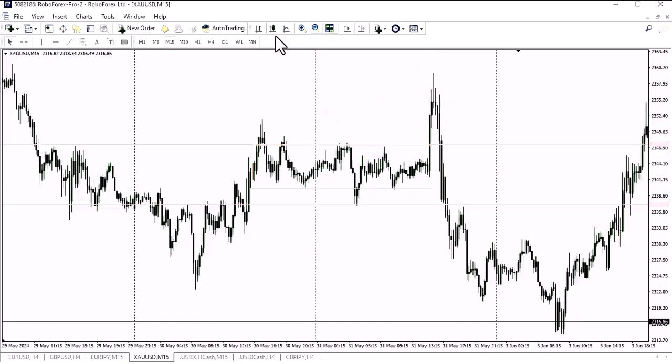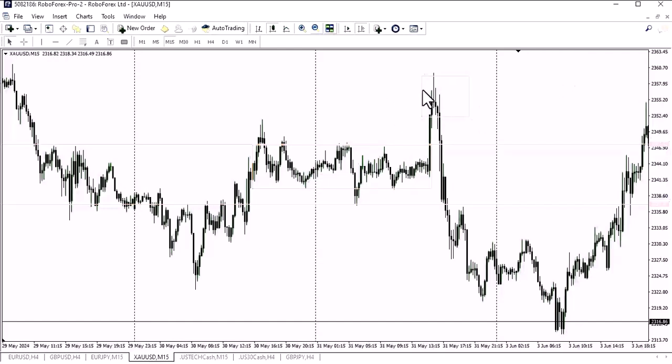Number 1, you are likely to get a star pattern like this, where a green candle goes up, then we have a doji, then another black candle that goes down to complement the green candle. It's more like a railroad track, but a railroad track with a doji candlestick in between, right?